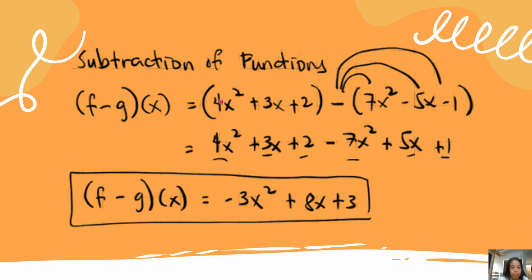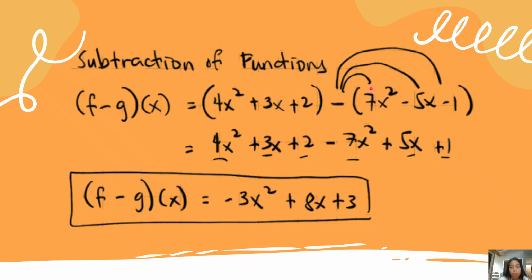Our f of x is 4x squared plus 3x plus 2 minus, in parentheses, 7x squared minus 5x minus 1. So distribute the negative sign.